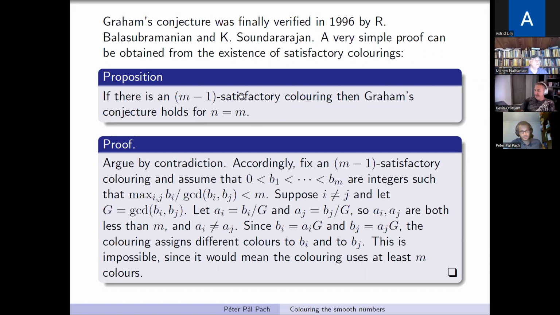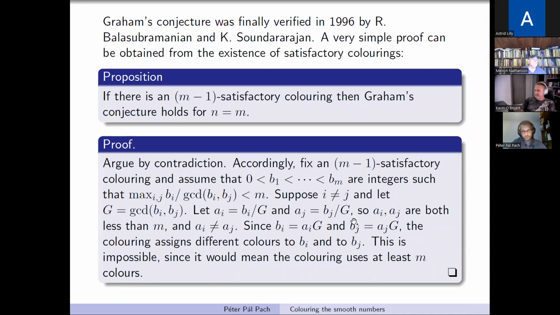Since this coloring is (n-1)-satisfactory, we get that the colors of bi and bj must be different, since they are both contained in a set of the form g, 2g, 3g, ..., (n-1)g. Otherwise Graham's conjecture would be false in this case.